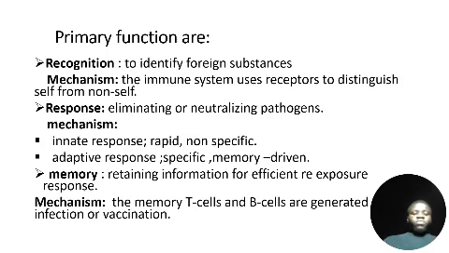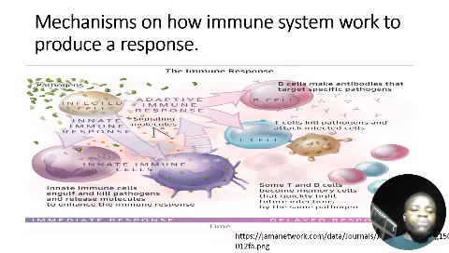Mechanism: T cells and B cells are generated after infection or vaccination. Here are the mechanisms of how the immune system works, and how immune responses are produced.